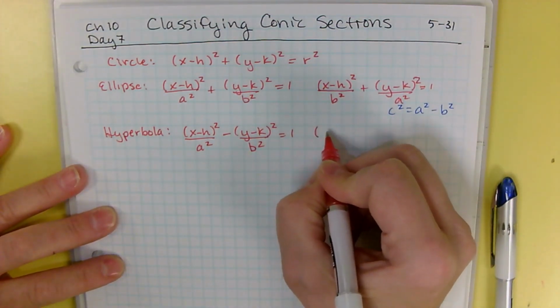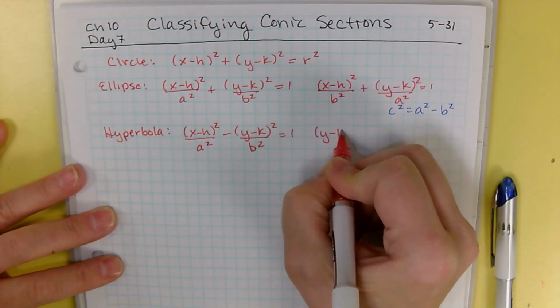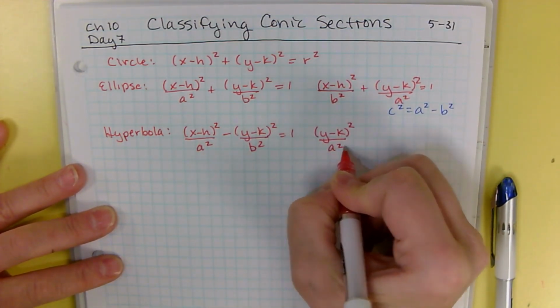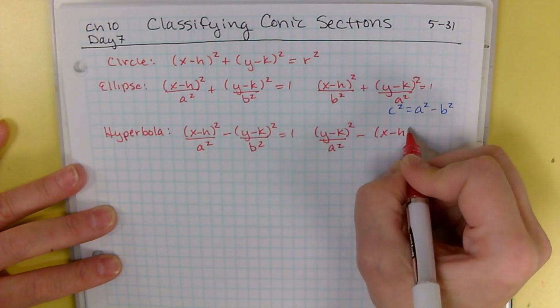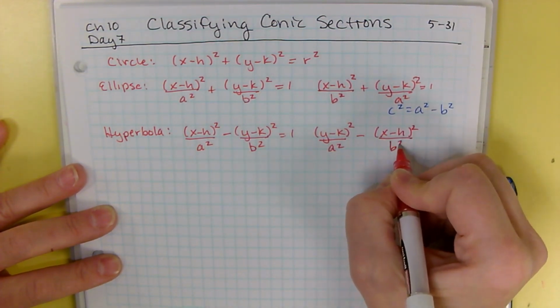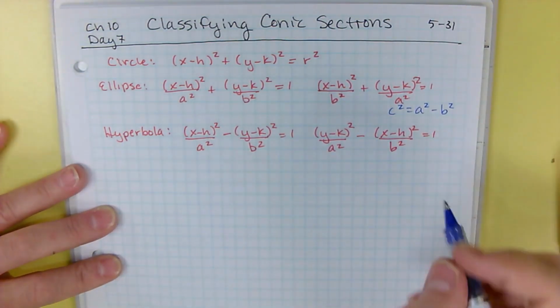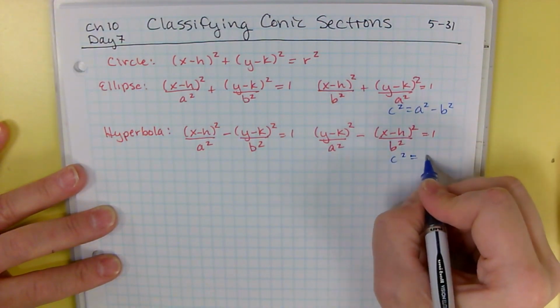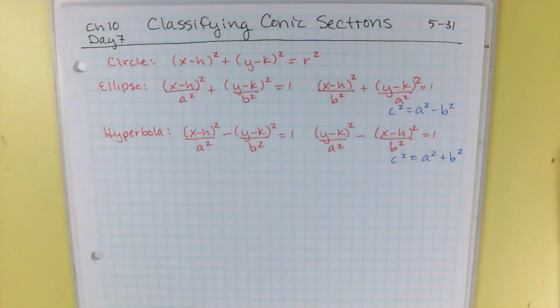So your other one would be y minus k squared coming first over a squared minus x minus h squared over b squared equals 1. And the foci equation is c squared equals a squared plus b squared.